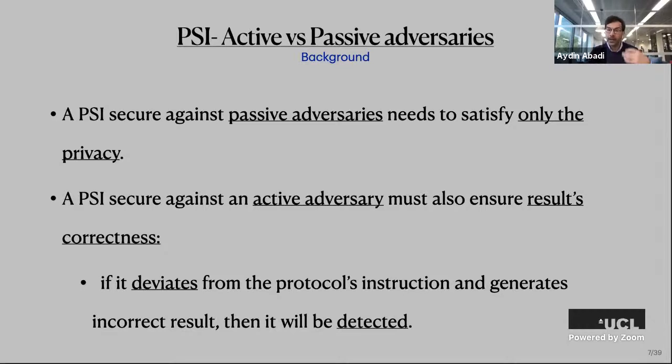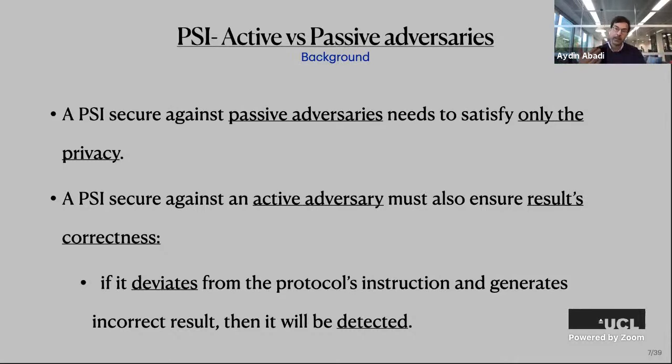But a PSI that is designed to be secure against an active, malicious adversary must ensure privacy and correctness of the results. In the active model, the adversary deviates from the protocol instructions.